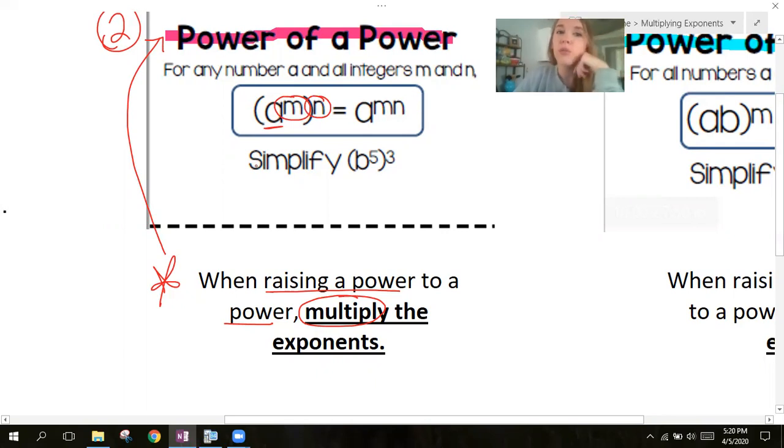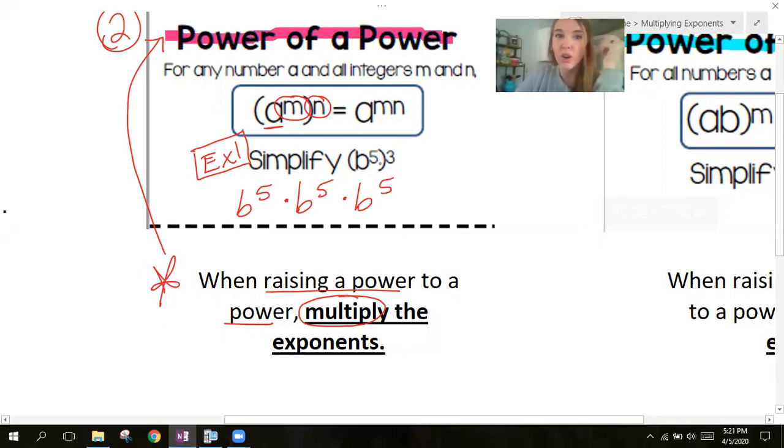Okay, so for example, here's our first example 1. It wants us to simplify b to the 5th power, cubed. Okay, so that's essentially like saying b to the 5th power times b to the 5th power times b to the 5th power.